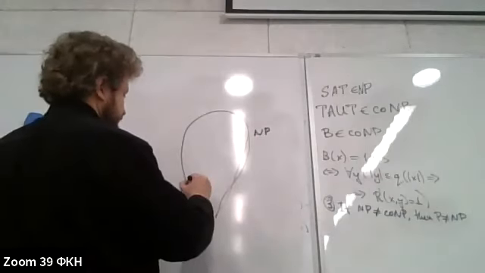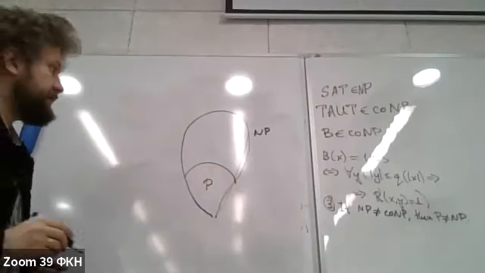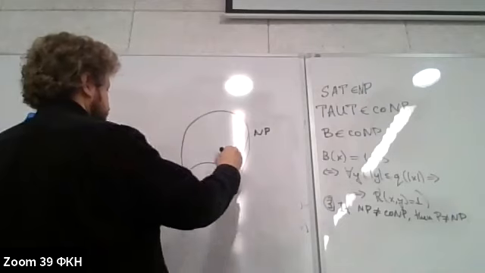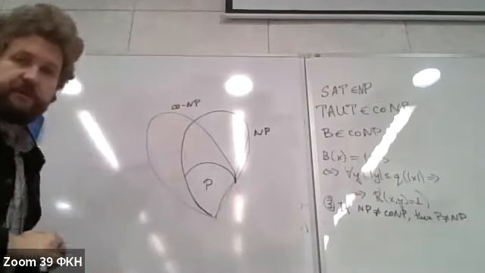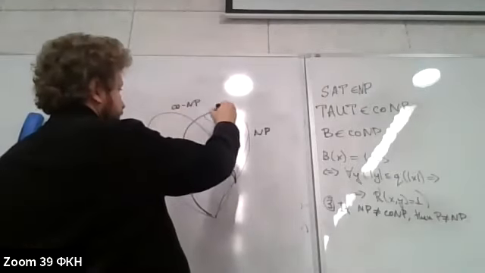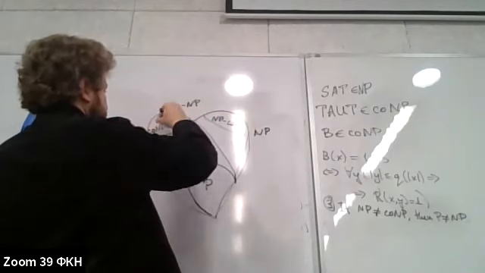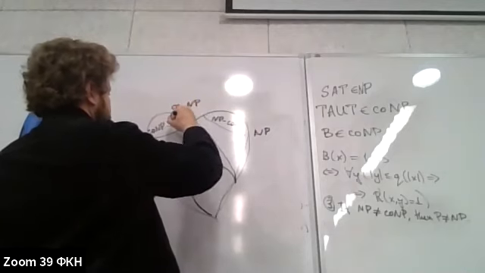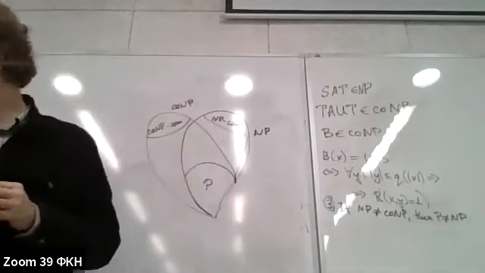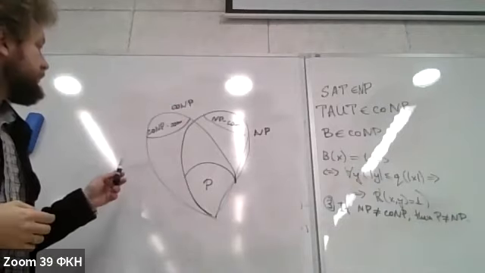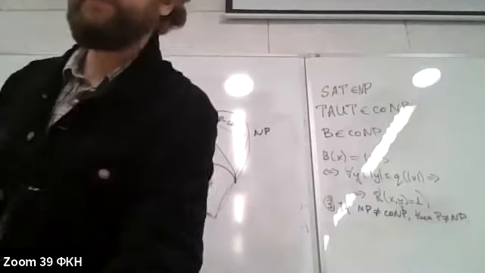Inside this class you will have a subclass which is called P, and then you will have another class which goes like this, which is co-NP, and they're different. Here are NP-complete problems, here are co-NP-complete problems, and here we don't know. Is there a non-trivial intersection between NP and co-NP?